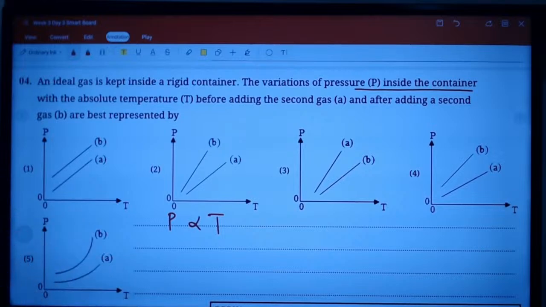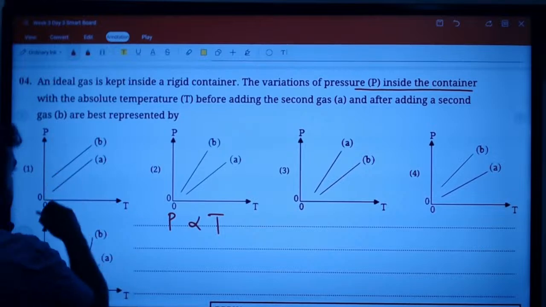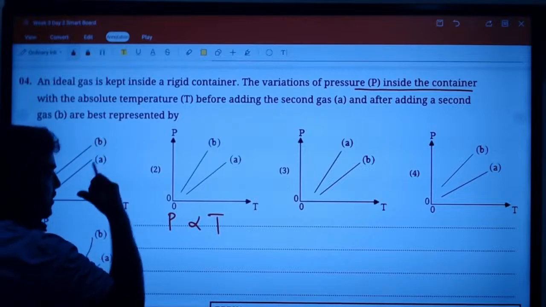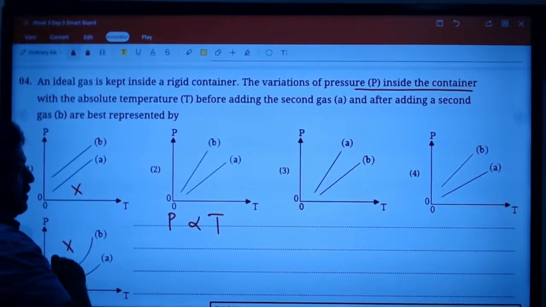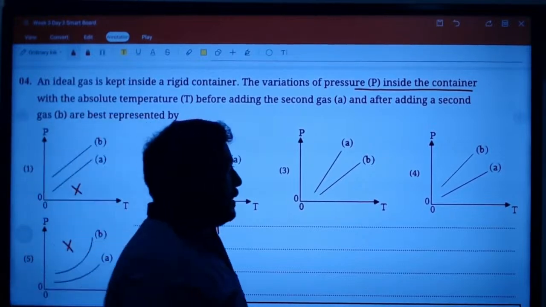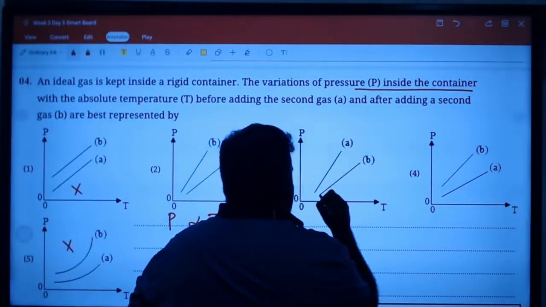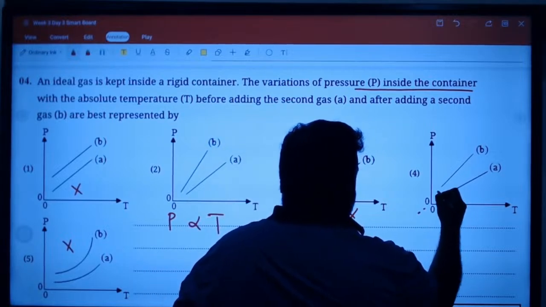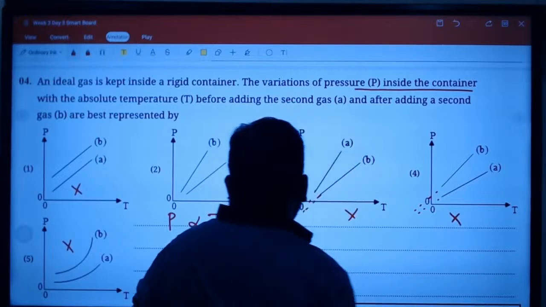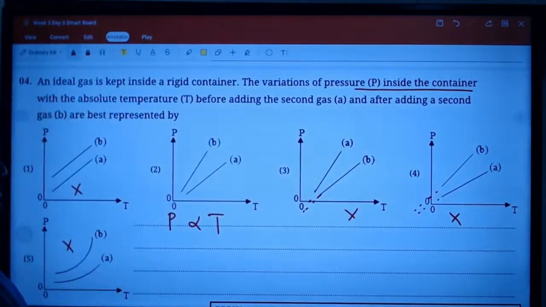Where the variation, now it can't be like this. Finally, total gases should follow the ideal gas equation. So this is wrong, this is wrong. If you extend this, this is also wrong. If you extend, one will go, one won't go, this is also wrong. So most probably this is your answer.